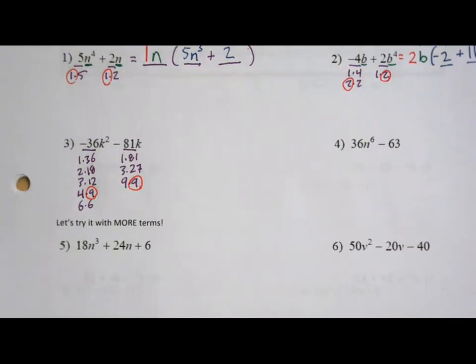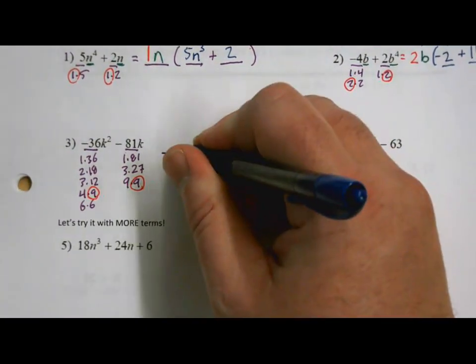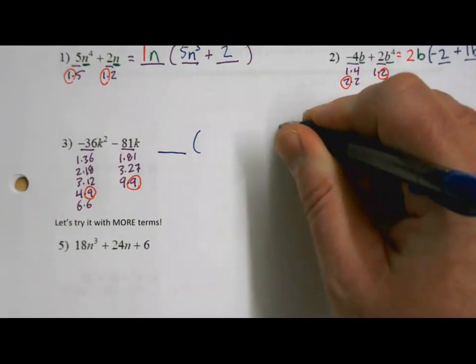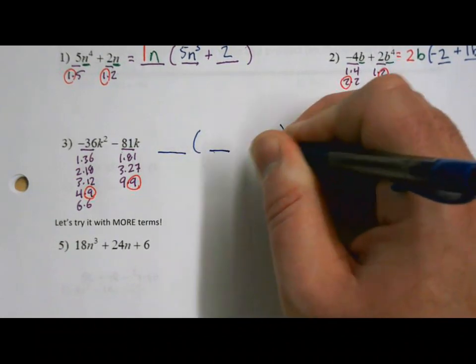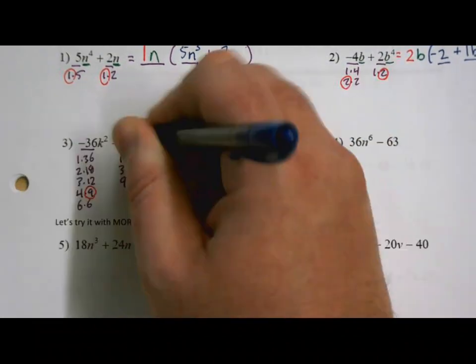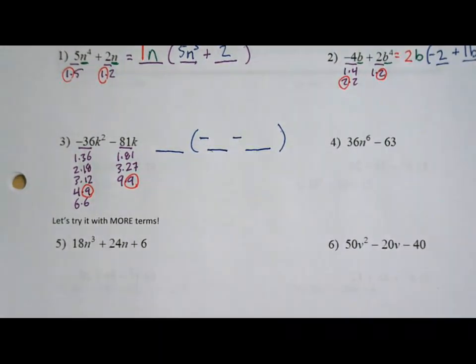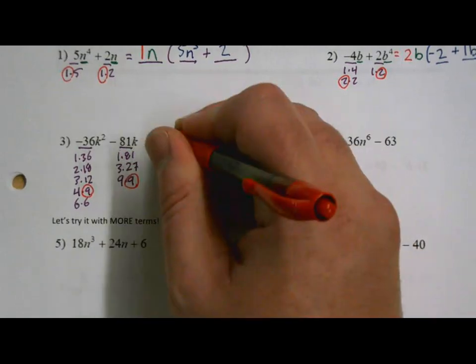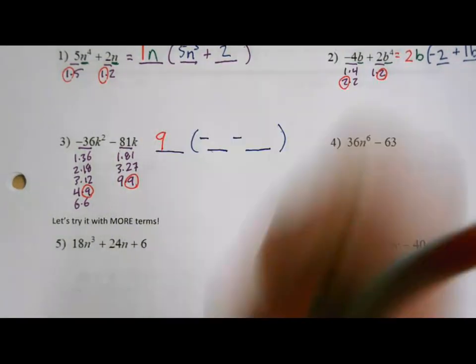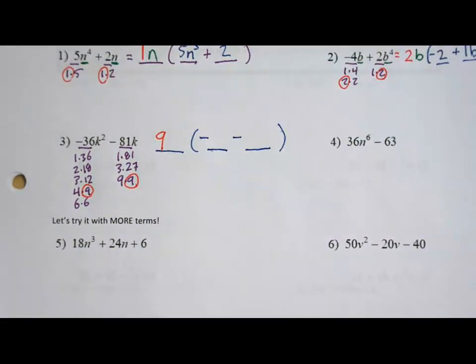All right, so let's get this thing set up. We know we're going to have a number out in front. We know we're going to have a parenthesis. We know we'll have two terms inside. And we'll go ahead and just transfer the negatives into here. Our GCF is going to have a 9. We decided that was our largest common factor. And then what's the largest number of k's that appears in both?